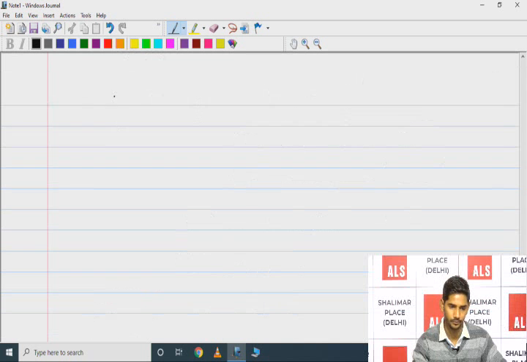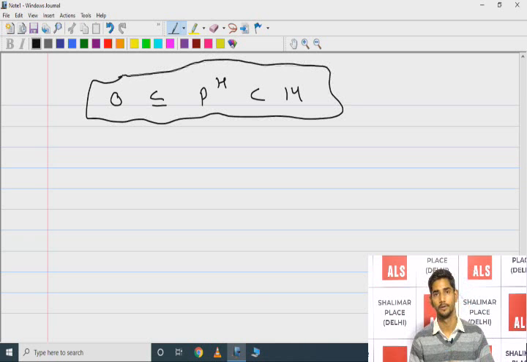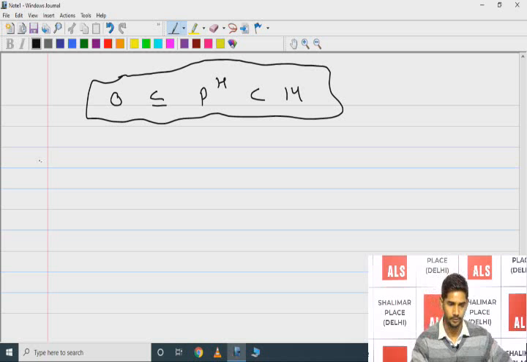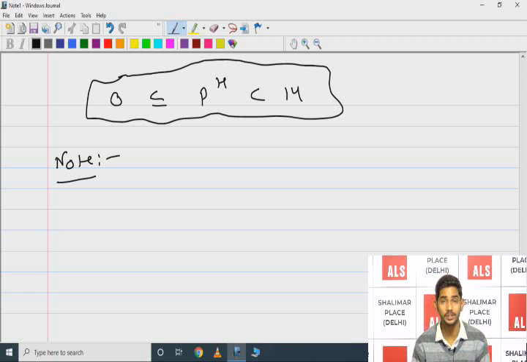Now, the value of pH can be 0 to 14. A very important note: pH values can even be less than 0 and more than 14. It is absolutely possible, because it depends on the temperature.